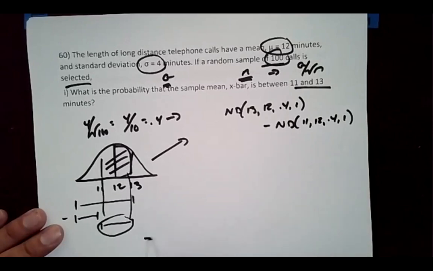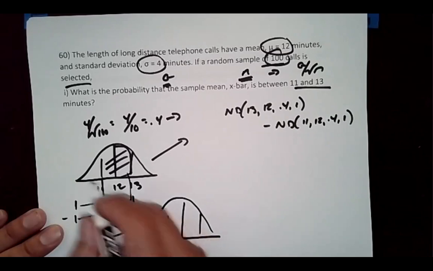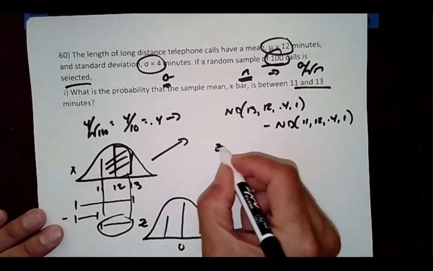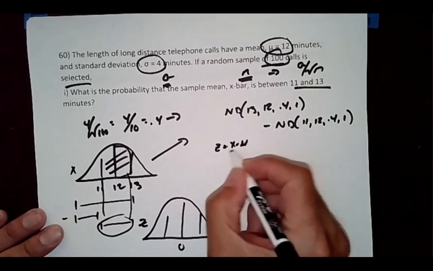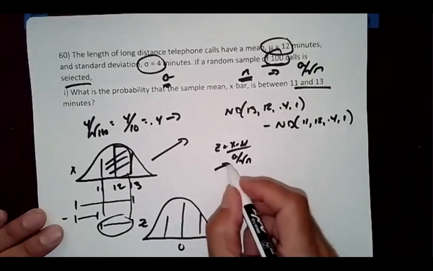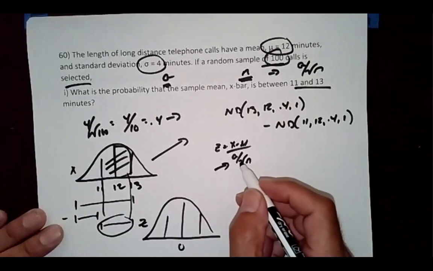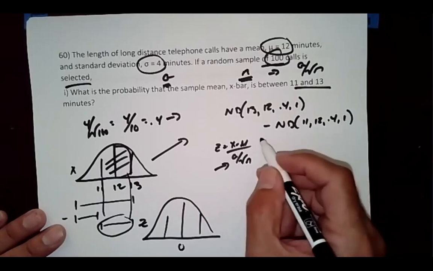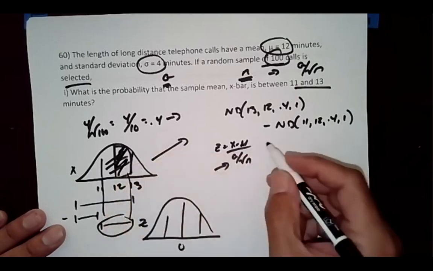Remember, there's two curves. This is the X curve, and this is the Z way. Doing the Z way, Z equals X minus mu over sigma over radical N. Notice this is a standard error because we're talking about the mean of a sample. Again, we can just do this half here and multiply it by 2.